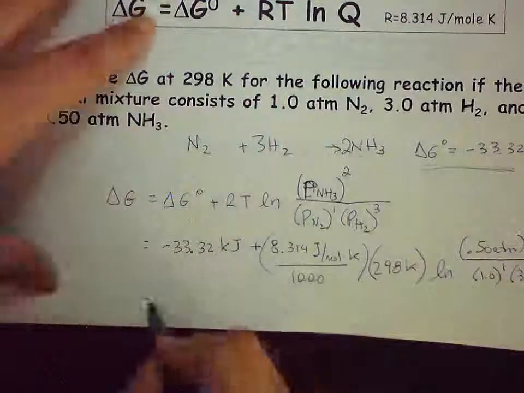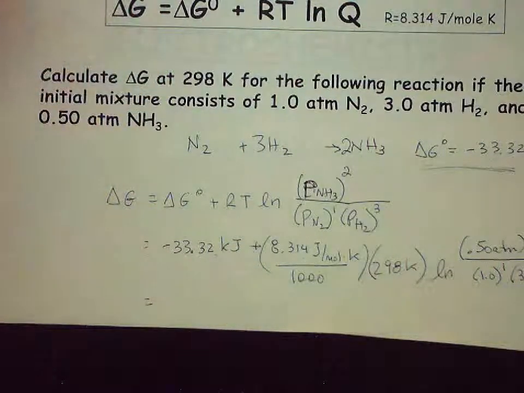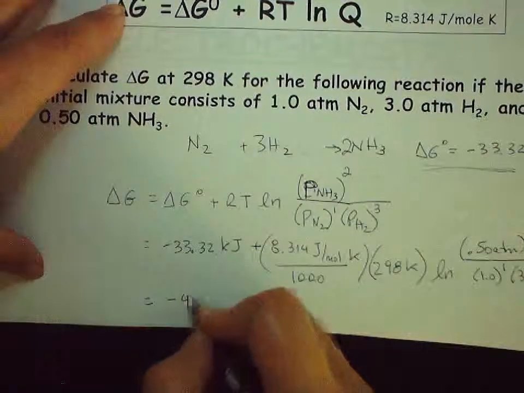All right, so do you guys have your calculators? Let's see if you can compute an answer off of that. It's a little messy, but it's doable. I don't know if I'm getting the right thing, but I get negative 44.9.